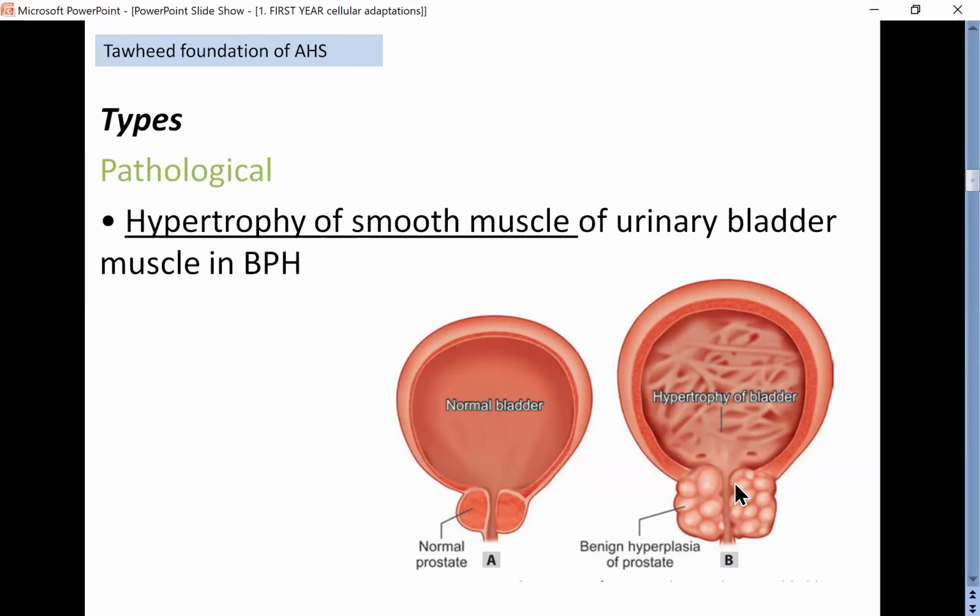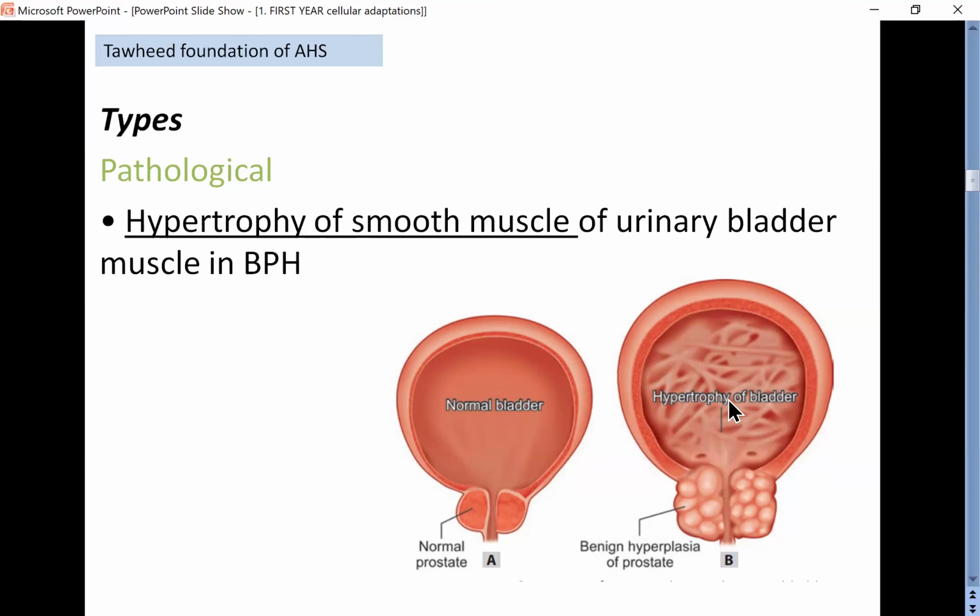So what will happen? There will be an increase in the number of cells inside the prostate. The size and the structure will become bigger, which will in turn push your urinary bladder, and it will start constricting your urethra. Ultimately, the bladder will be filled.